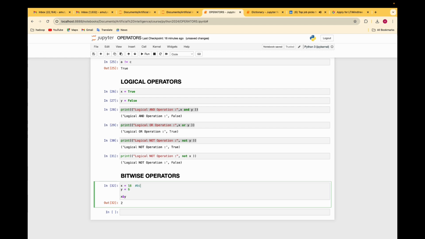When I say binary format, it's the zeros and ones. What's the binary form of this? 1 0 0 1 0. And what's the binary format of this?